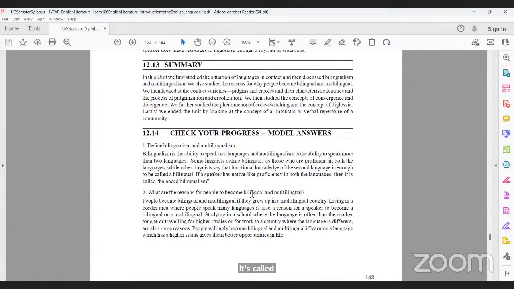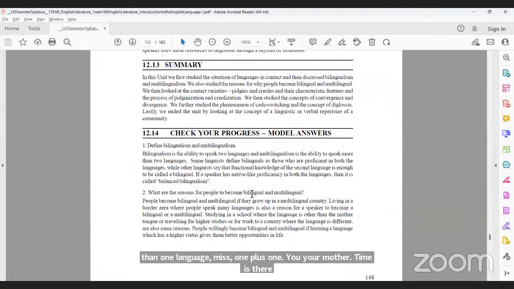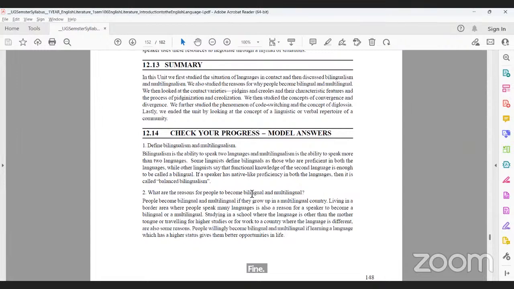More than one language means 1 plus 1. Your mother tongue is there, and apart from your mother tongue, you can also speak in any one language that is closer to your mind.